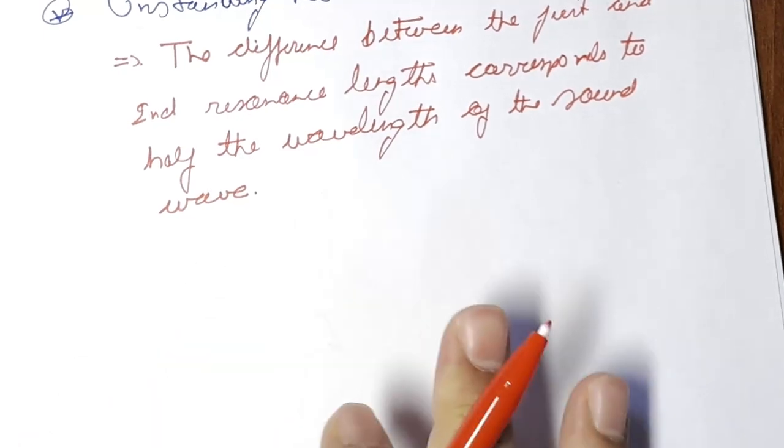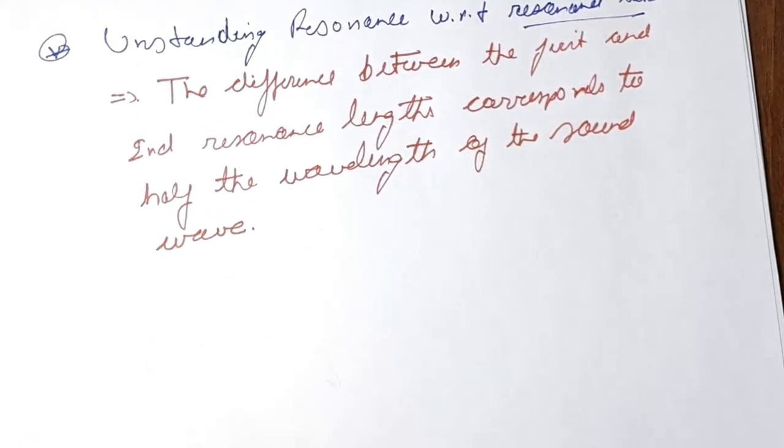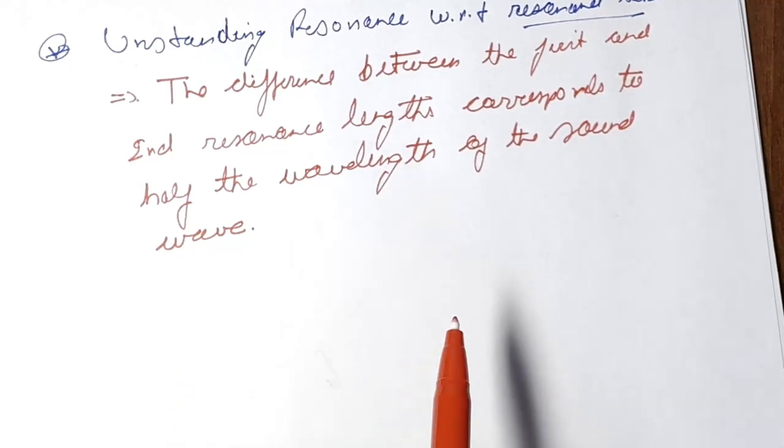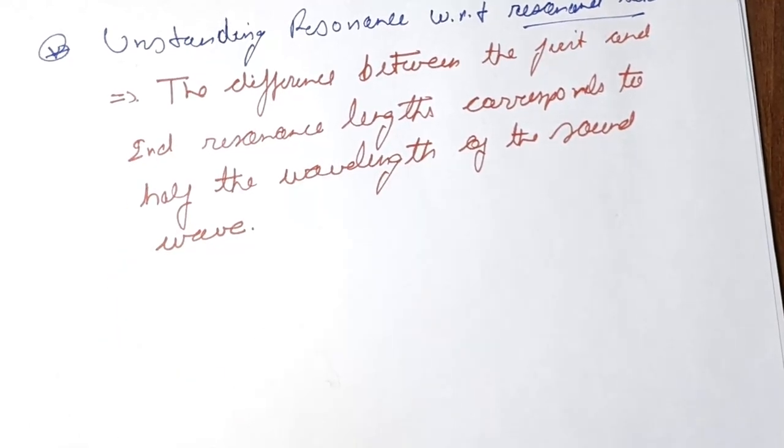So based on this explanation, we will be able to find out the wavelength, and based on this we can find out the velocity, because velocity is equal to frequency multiplied by lambda. Frequency is given to us, and this description is going to help us find the wavelength.